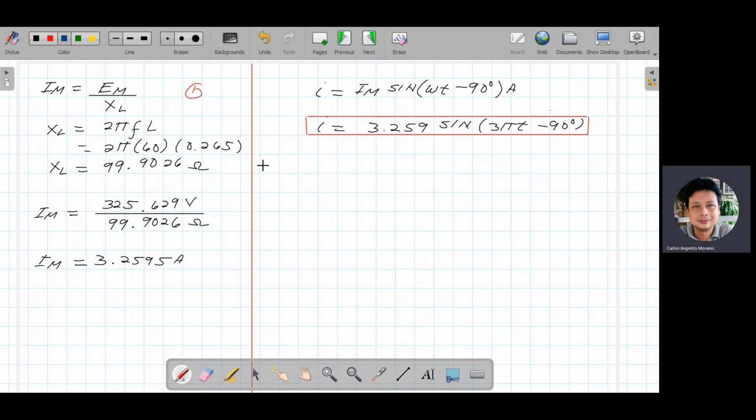So, letter B. Letter B, yung phasor diagram, no?